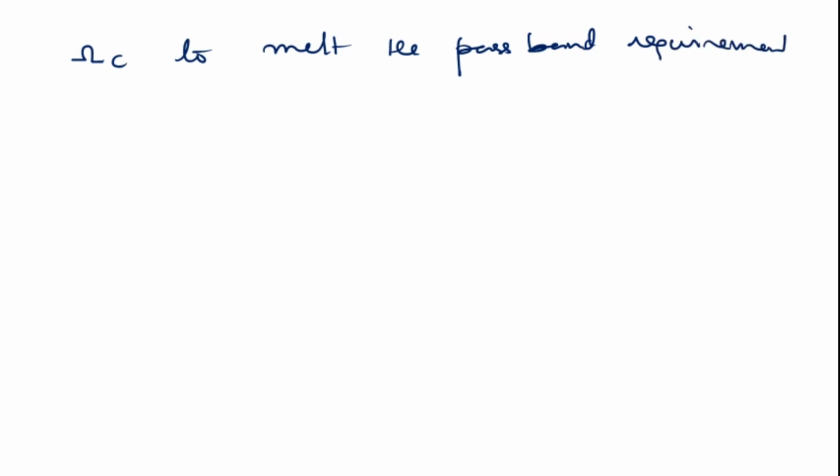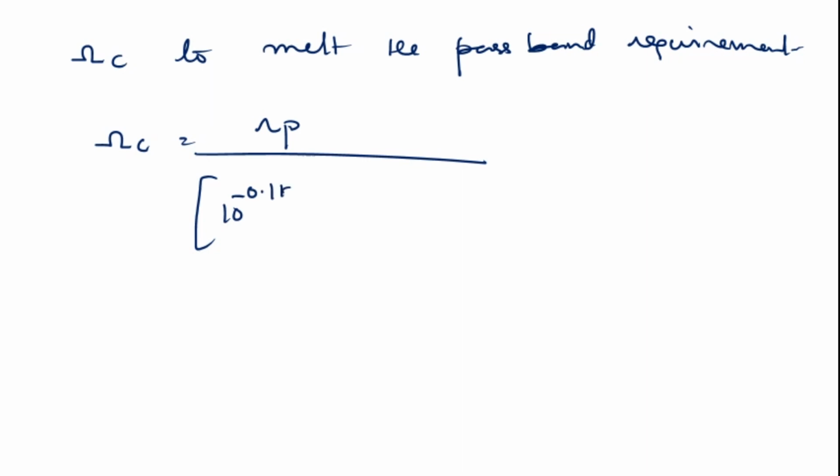Let us find the cutoff frequency Omega c to meet the pass band requirement. That is Omega c is equal to Omega p divided by (10 to the power minus 0.1 Kp minus 1) to the power 1 by 2n, which is equal to 0.7255 radian per second.